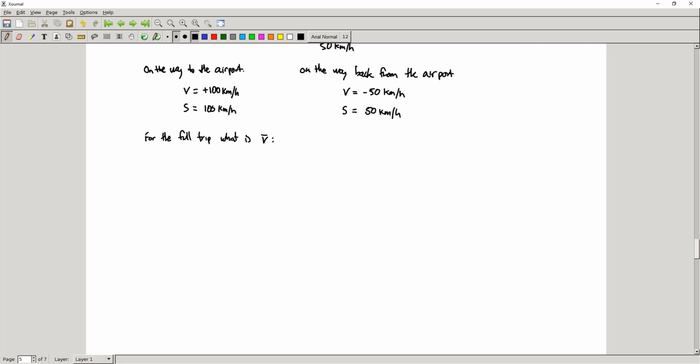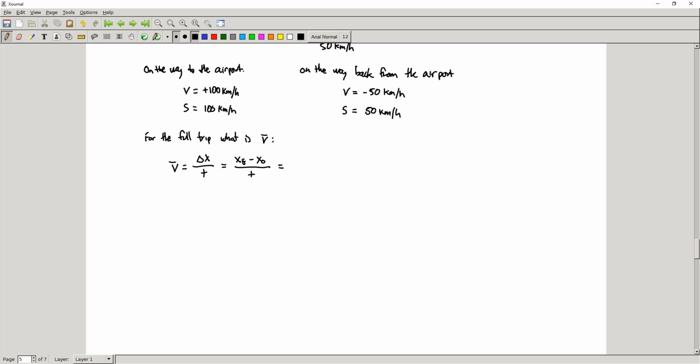Okay, well, let's think back to our definition of average velocity. We know the definition of average velocity is just going to be our displacement over the time it took us to make the trip, right? And so what is our displacement? Well, our displacement is just our final position minus our initial position, over the time it took.